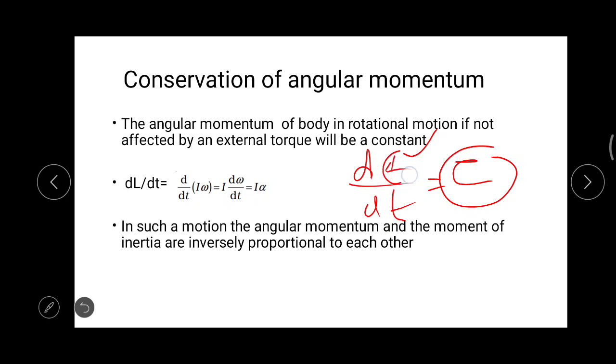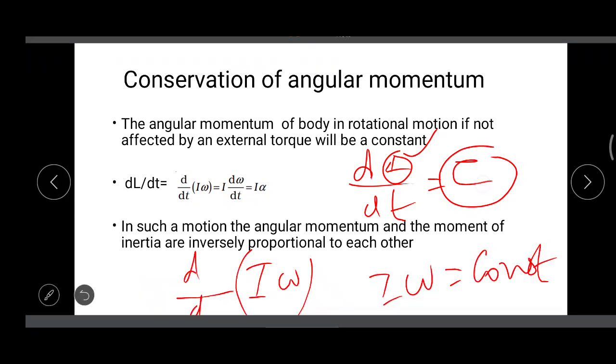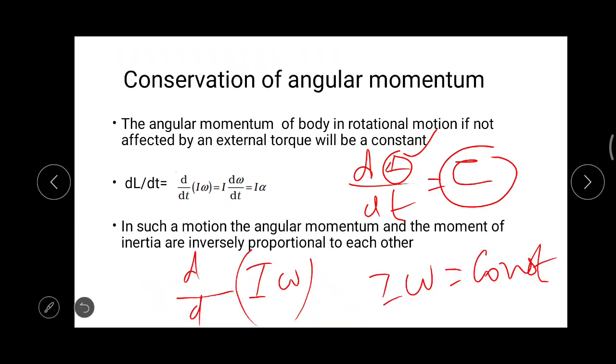L is equal to I omega. So L constant means I into omega will be a constant, if there is no external torque acting upon the body.